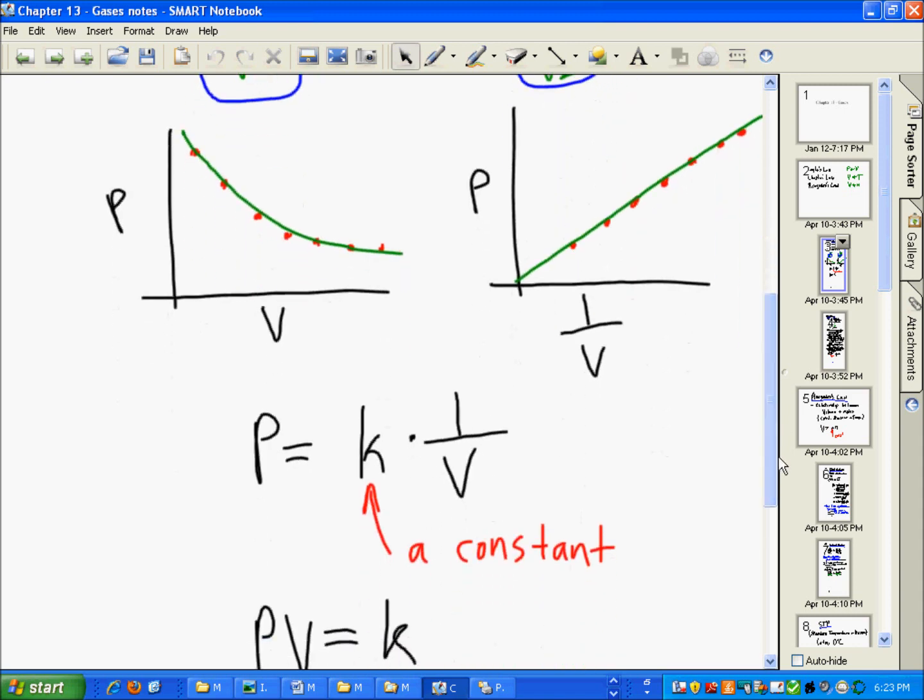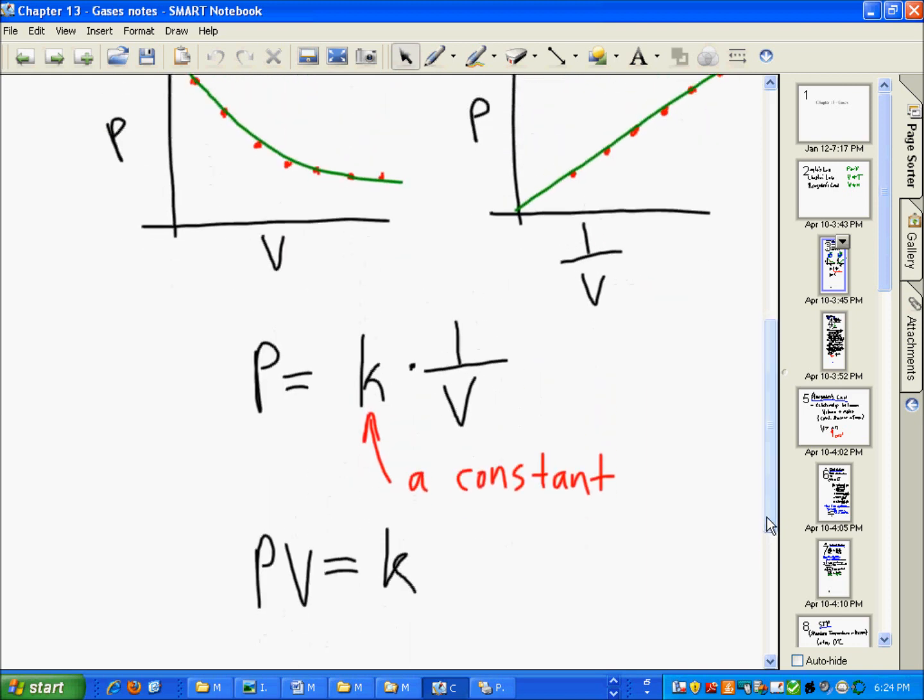And the mathematical expression for this is that P, the pressure, is equal to a constant times 1 over the volume, the constant being the slope of that line. And it turns out that constant varies depending on temperature, depending on the number of moles you're dealing with.